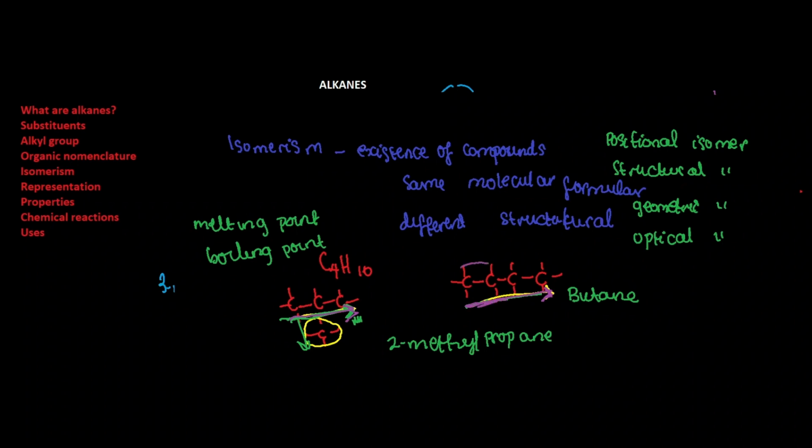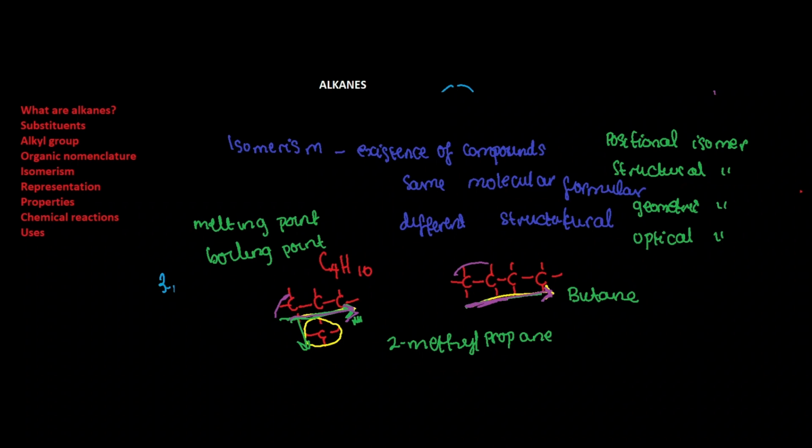This simply implies that it will take more amount of heat to raise this molecule to a temperature as compared to the amount of heat it will take to raise this. So it's expected that for two given isomers, the one with more branches has a lower boiling point as compared to the one with fewer branches.